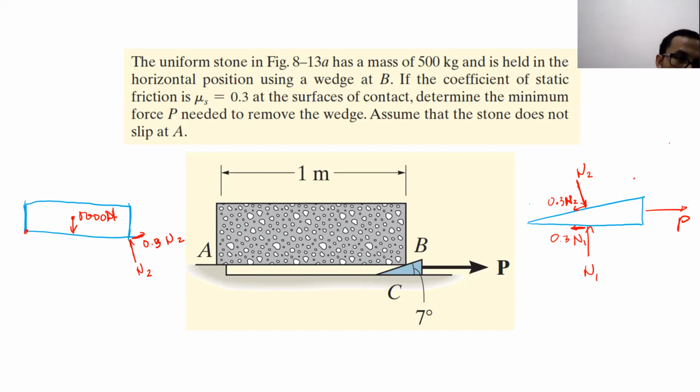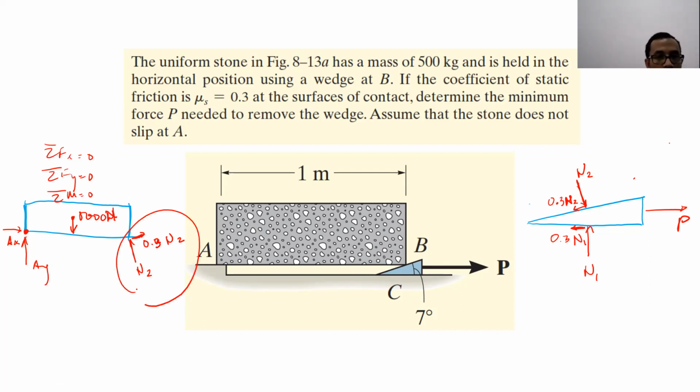Then at A, because it's the center of rotation, there will be Ay and Ax, like that. There are three unknowns there. We can solve this using sigma Fx equal to 0, sigma Fy equal to 0, and sigma moment equal to 0. But the one that we need to solve is only this N2.